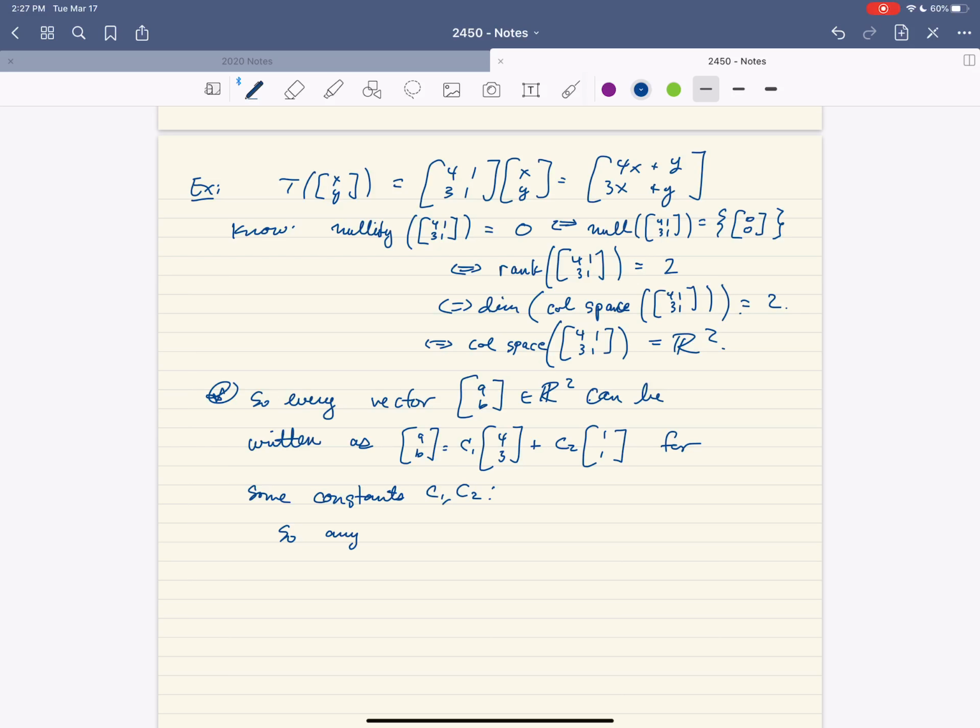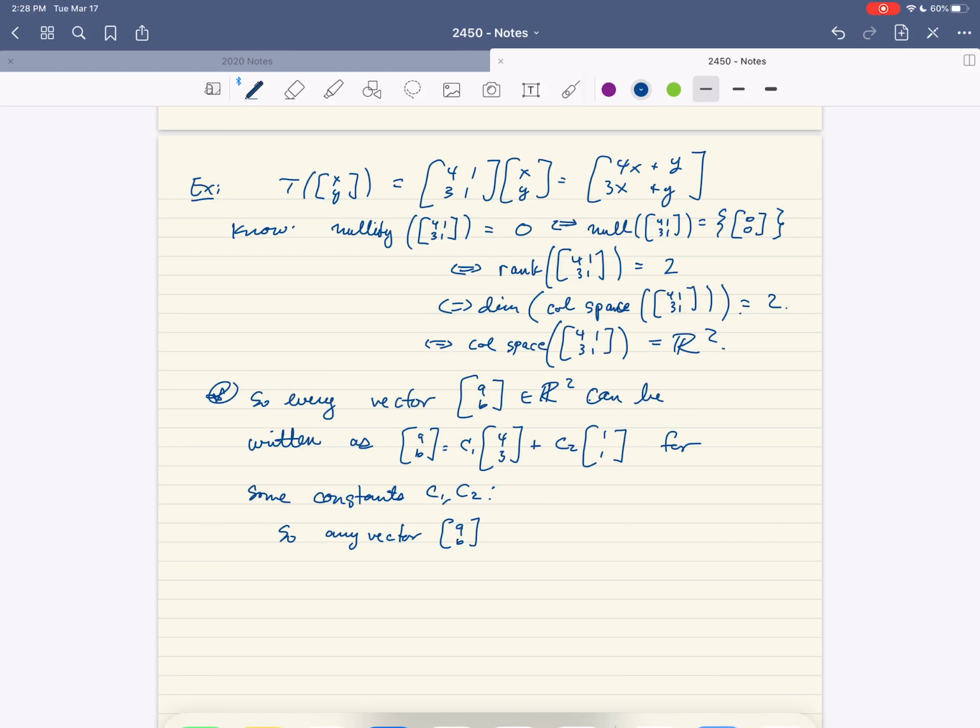Any vector (a, b) can be written as a linear combination of (4, 3) and (1, 1). So for any vector (a, b), I said this correctly but wrote it incorrectly, so let me try one more time.